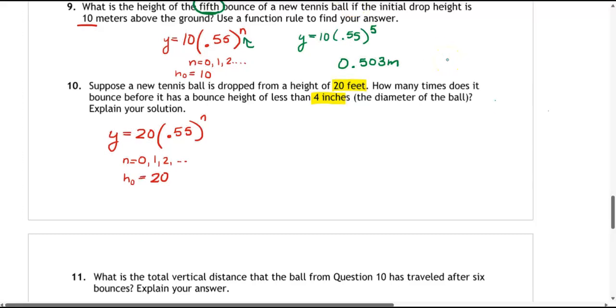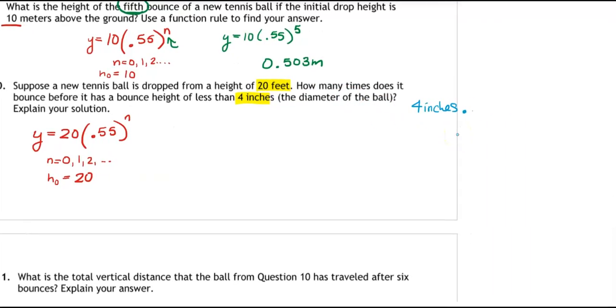I have 4 inches. Let's remember, if I'm converting, and this is something we did at the very beginning of last semester, and I know you've done it plenty of other times, if I've got inches on top, I've got to put inches on the bottom, and feet, to convert it. The reason is that I know how many inches are in 1 foot, and I've got to get rid of my unit, so I cancel out those inches, and that leaves me with feet because feet are on top.